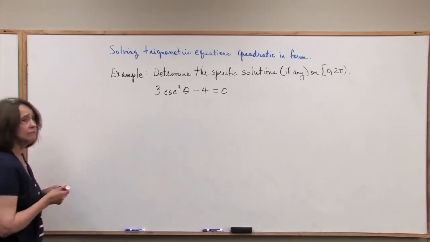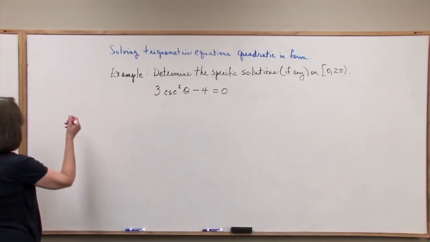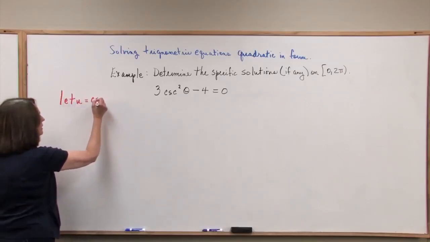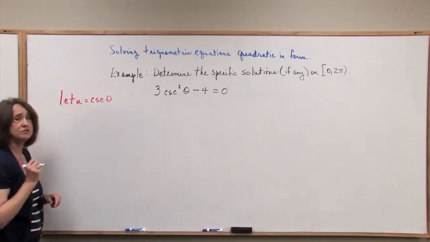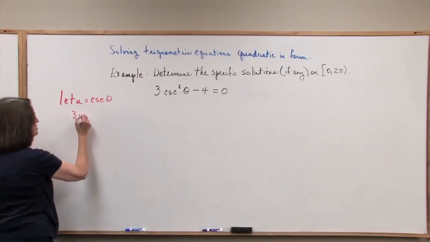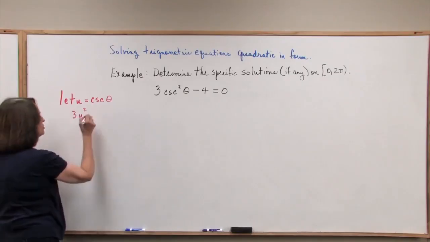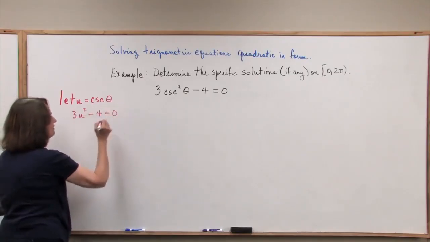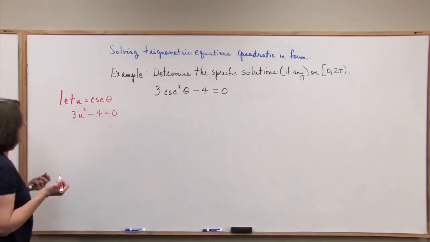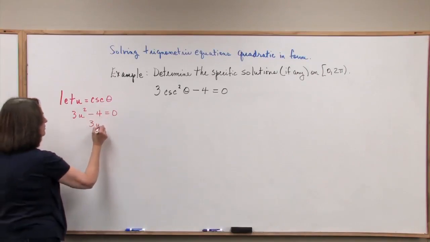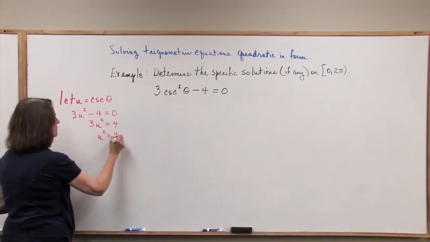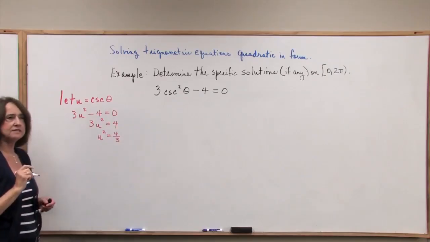I'm not sure how to begin the problem, so I'm going to come here to the side, let u equal my trig function, cosecant theta. Making the substitution, I have 3u squared minus 4 equals 0. Then I recall from algebra, I would add the 4, divide by 3, and then one more step.